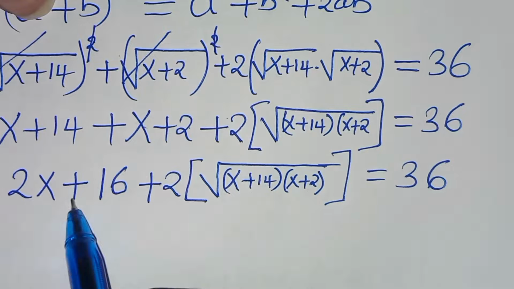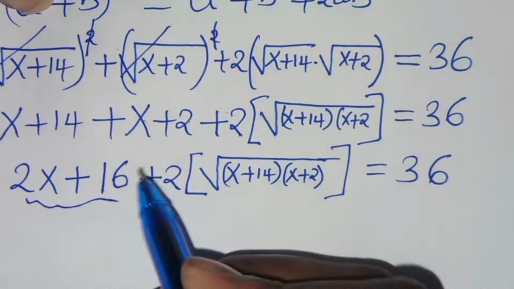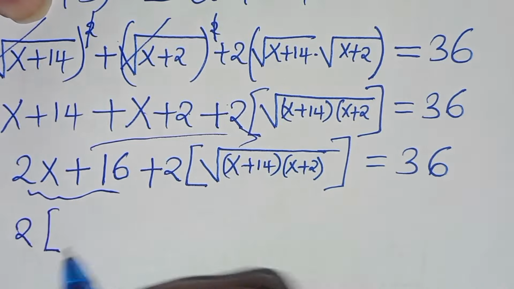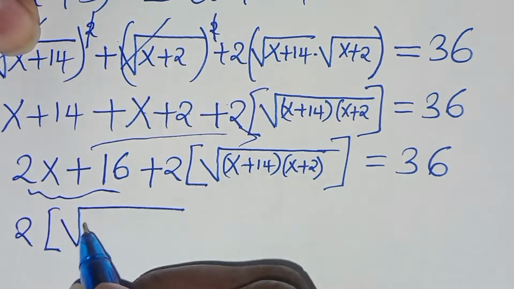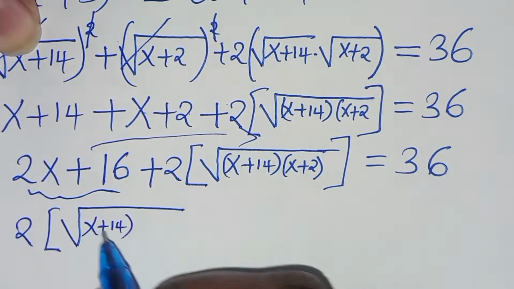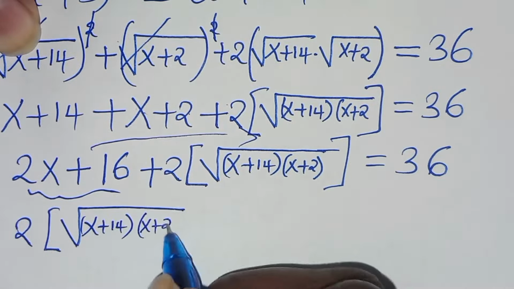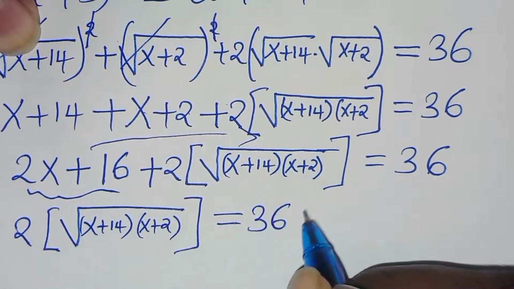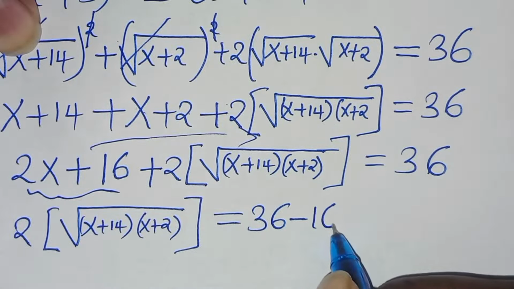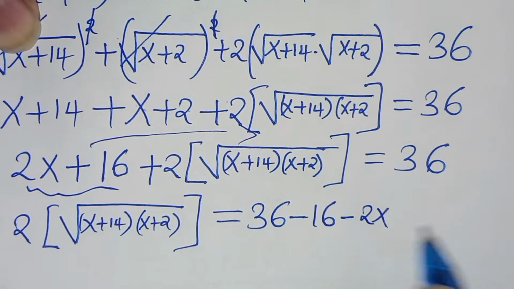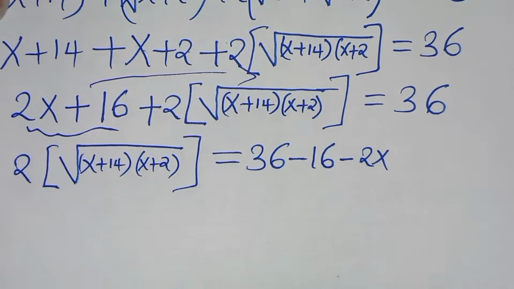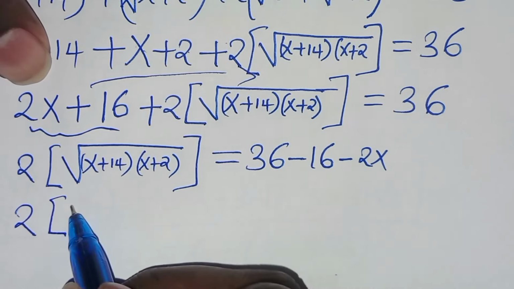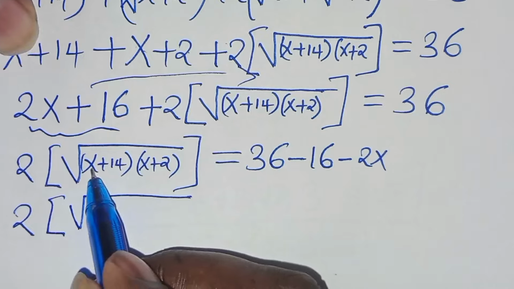So let's take 2x plus 16 on the right hand side, so that now we have 2 multiplied by square root of x plus 14 times x plus 2, close the parentheses. This is equal to 36 minus 16 minus 2x. So from here we have 2 into the parentheses. This is the square root of x times x.